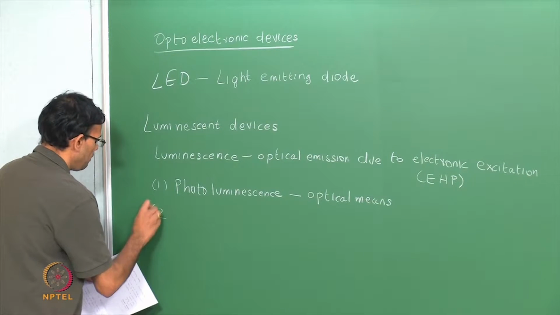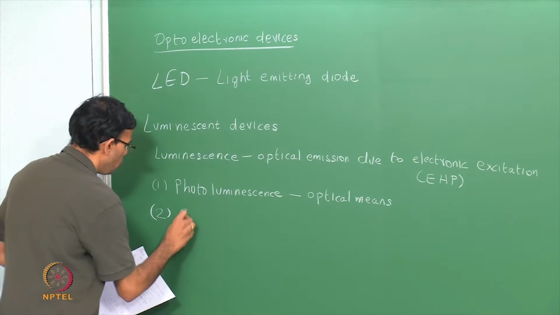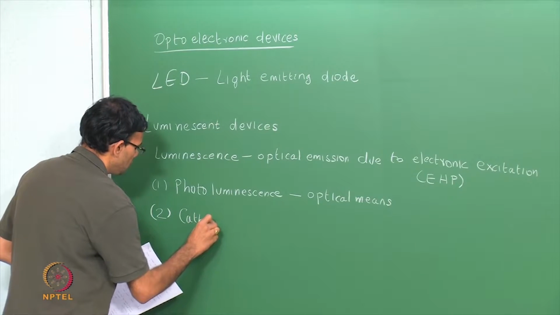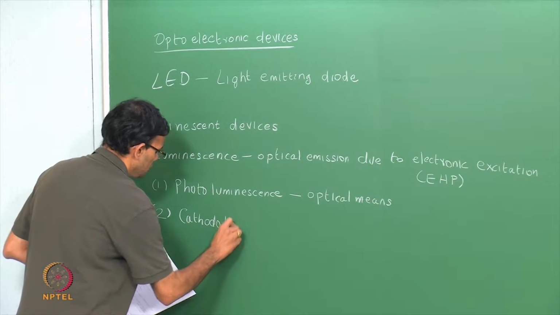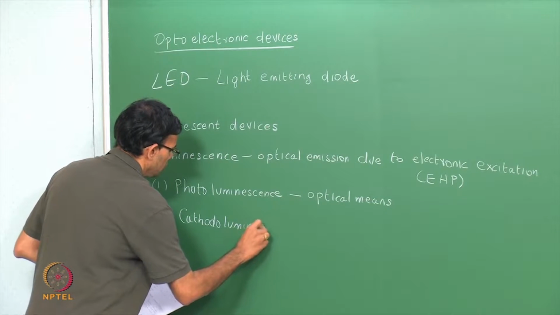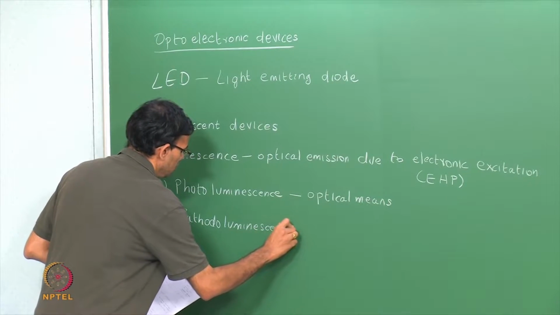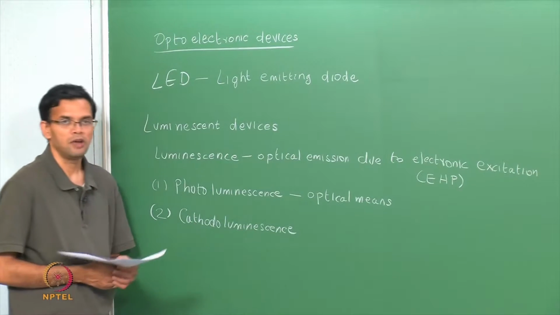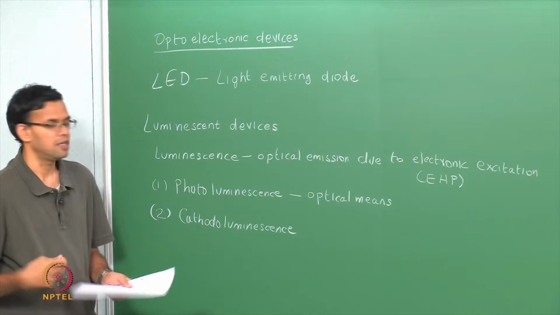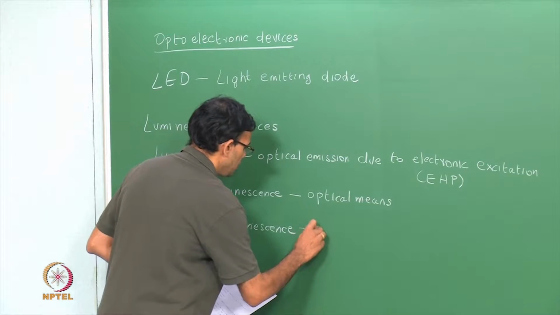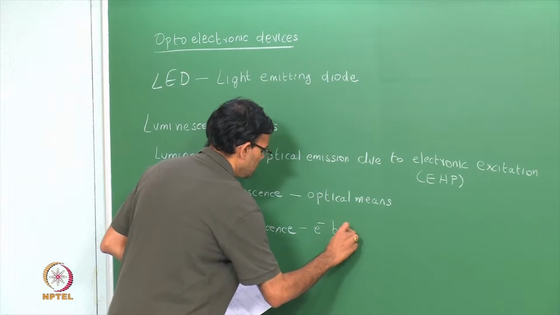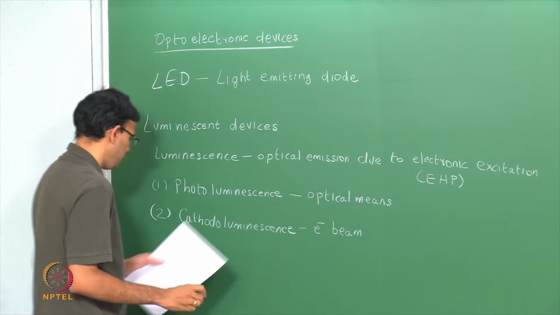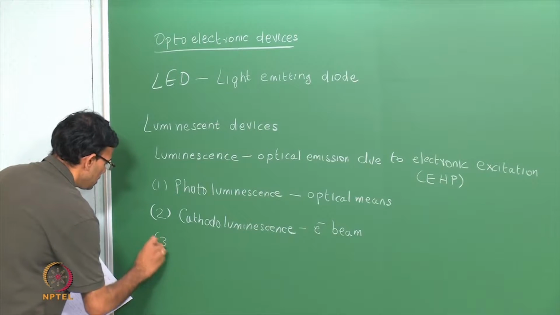You can also have cathodoluminescence, in which case you have an electron beam incident on your material, which creates the electron hole pairs. There is radioluminescence.